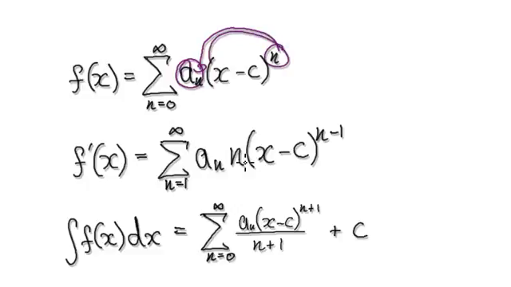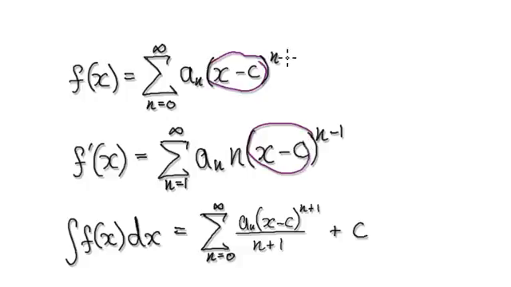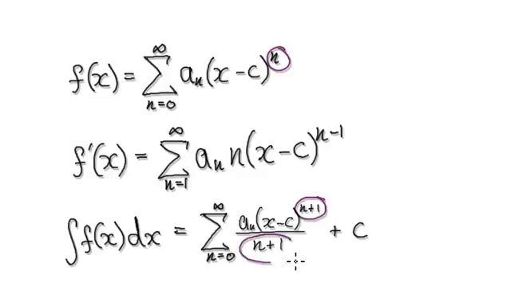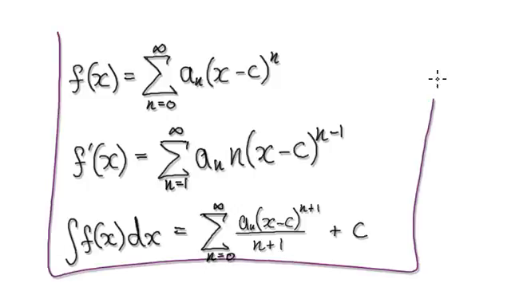So the n goes down, and that will then give you this. The bubble stays intact, and then the power gets minus by 1. And when you integrate it, the power gets increased by 1, but then you've got to divide it by n plus 1. We've seen this before, so bear this in mind.